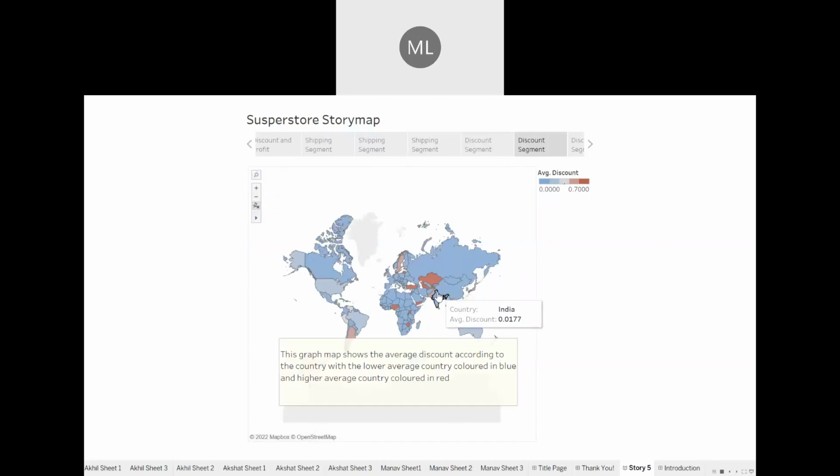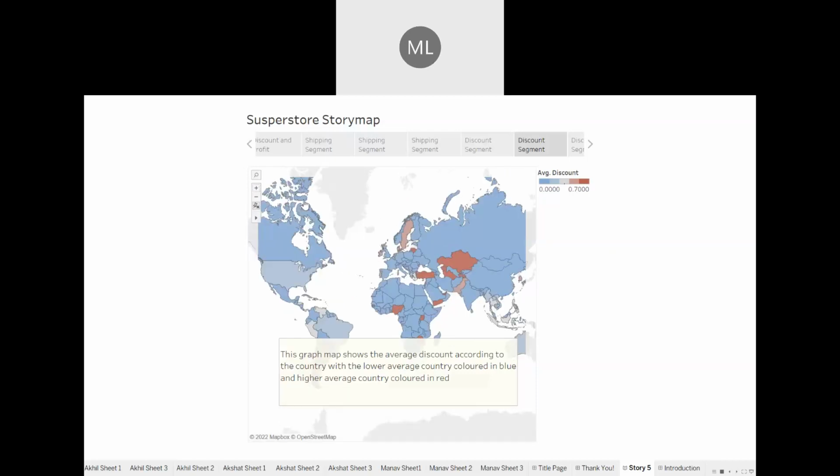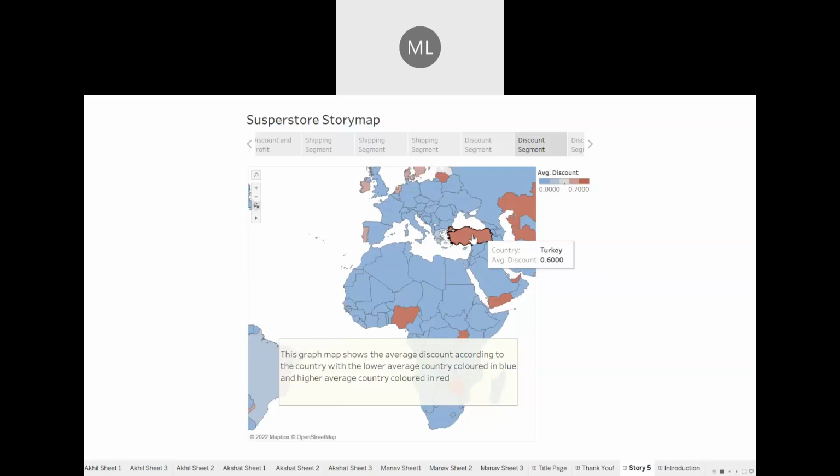India has an average discount of 0.0177, while the other countries in red, Turkey has 0.6 and Nigeria has 0.7. So it goes from low to high, from blue to red. The next one.